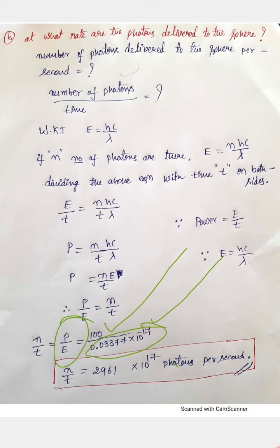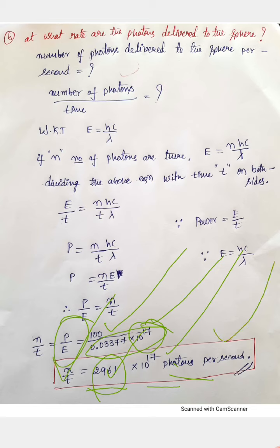Substitute this one and you will get nearly 2961, and take this denominator power to the numerator, we will get 10 to the power 17. That is n divided by t, number of photons with respect to the time, is equal to 2961 into 10 to the power 17, that is photons per second.